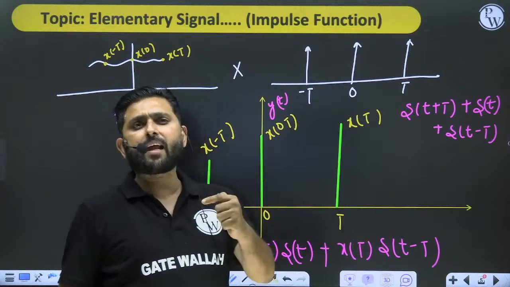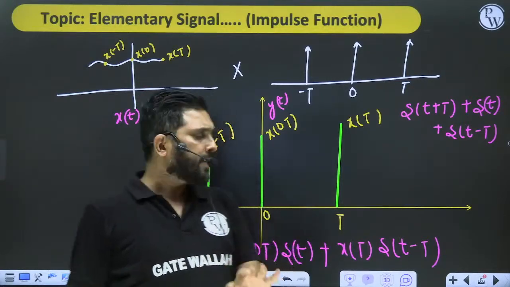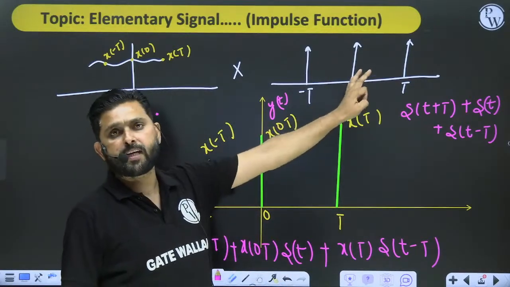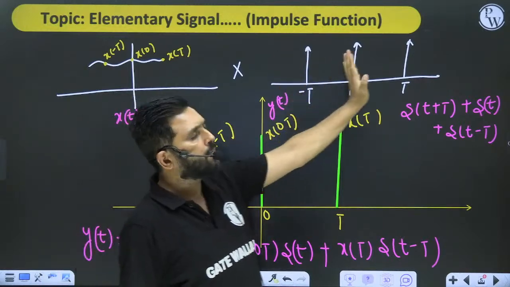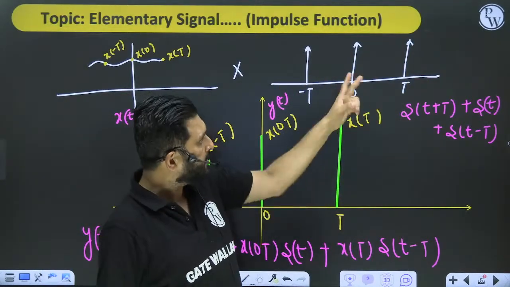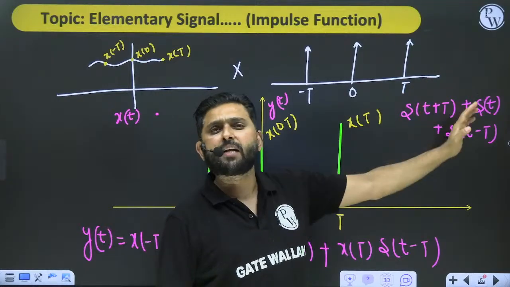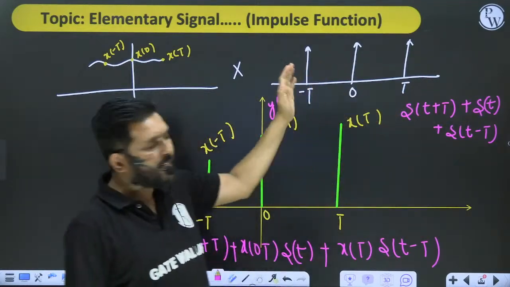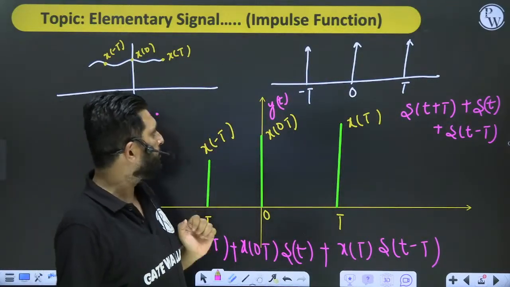Now can I generalize this? What I am saying is that instead of taking three impulse functions at a time, can't I take an impulse present at every T? That means at T, 2T, 3T, 4T, 5T like this, or minus T, minus 2T, minus 3T like this. Let's do it.